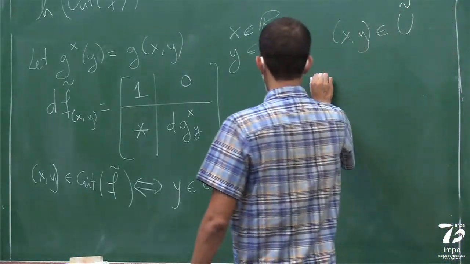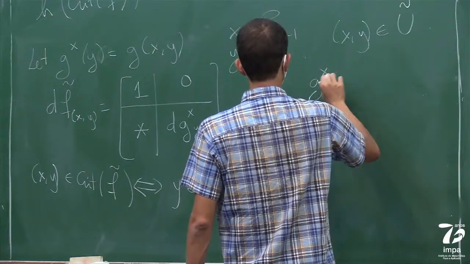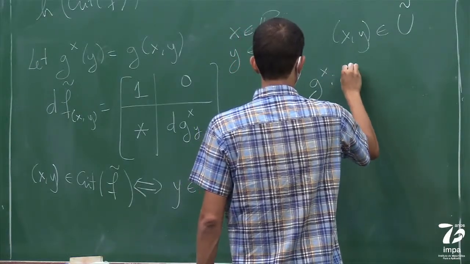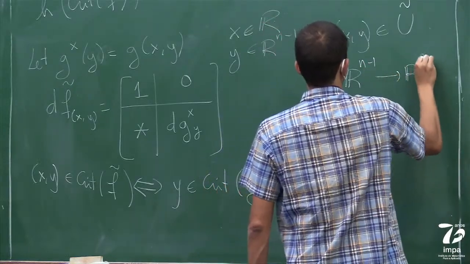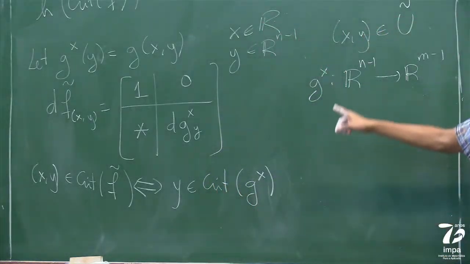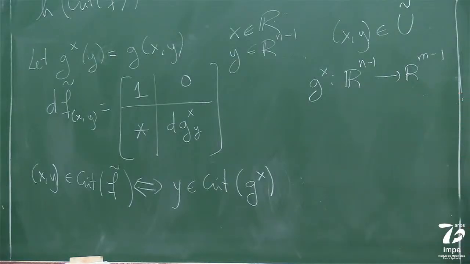Here, gx basically goes from some subset of R^(n-1) to R^(m-1). It's some sufficiently small open subset, if you want.